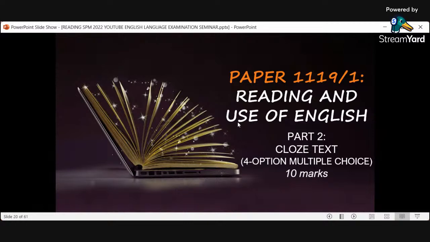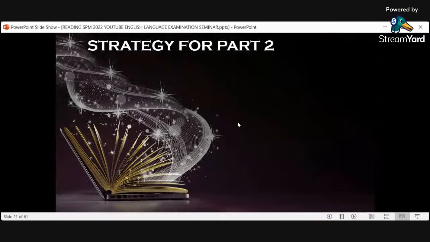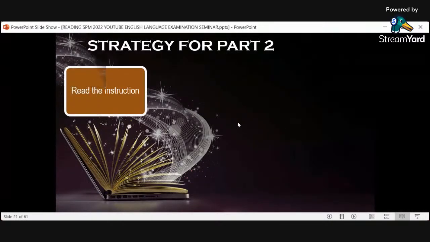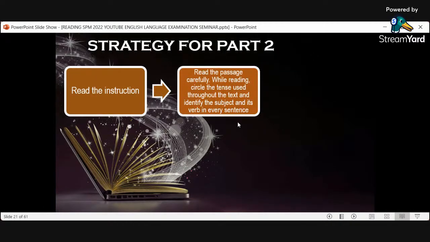It is a 4 option multiple choice and this is 10 marks, right? So you have a strategy for part 2. Always read the instruction, then read the passage carefully. While reading, circle the tense used throughout the text, identify the subject and its verb in every sentence.